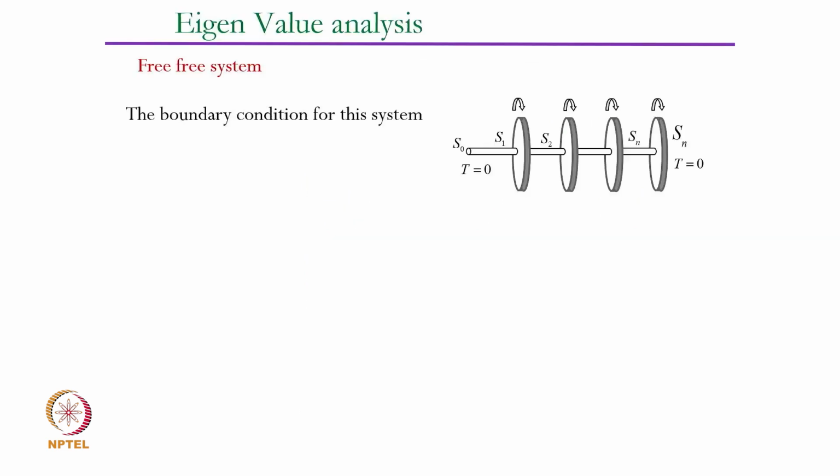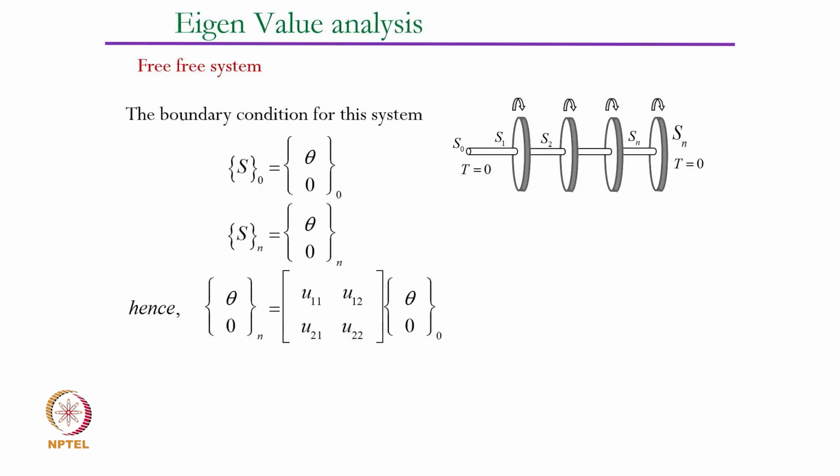Now suppose that the gearbox is not fixed to the flywheel, right? That means it is free, no restraint, right? Now in this case, instead of u22, there could be some other element that you need to find out. So what will you do? Here torque is 0 on this side, torque is 0 on this side, free sides.